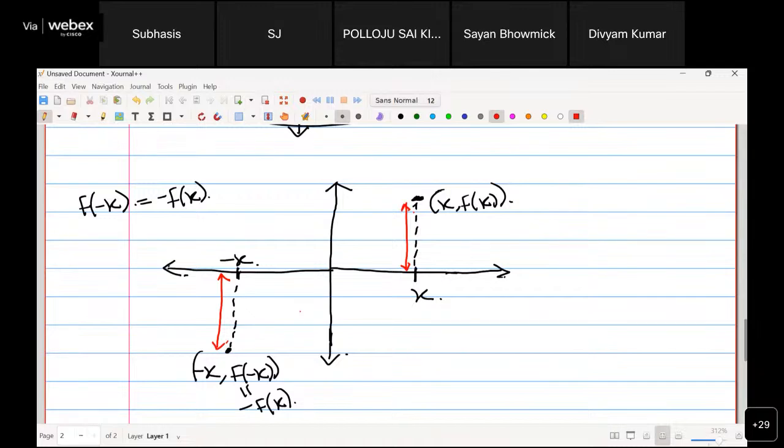If you draw this line, they are in some sense symmetric about the origin: the same distance from here to here, and the same distance in this particular case, for an odd function.